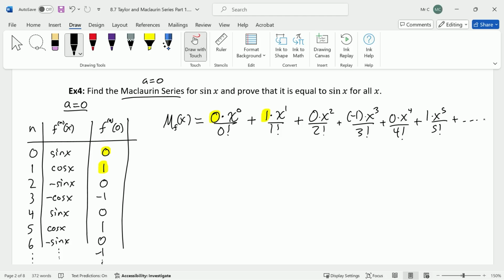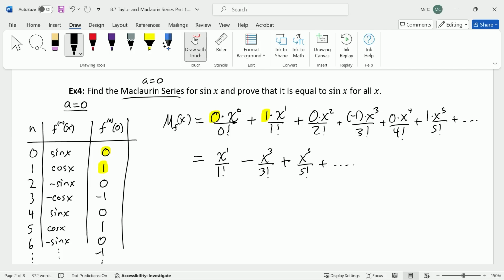Now let's clean up this expression a little bit. This is 0, so I just get x over 1 factorial plus 0 minus x cubed over 3 factorial plus 0 plus x to the 5th over 5 factorial plus ... So notice in our regular Maclaurin series notation, each value of n would correspond to each power of x.